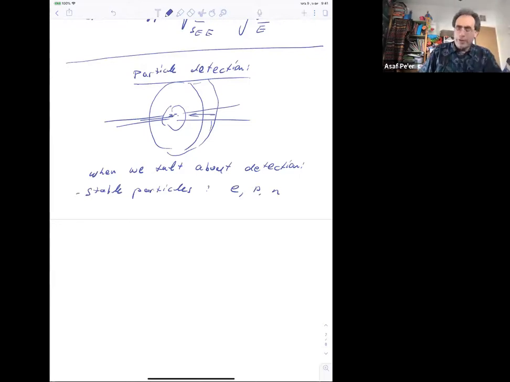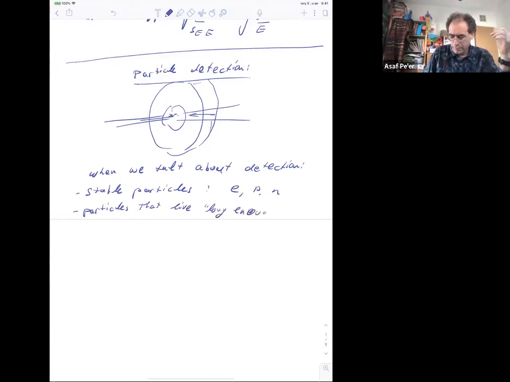Or particles that live long enough, like muon, pion, tau, kaon, a few more, not that many.